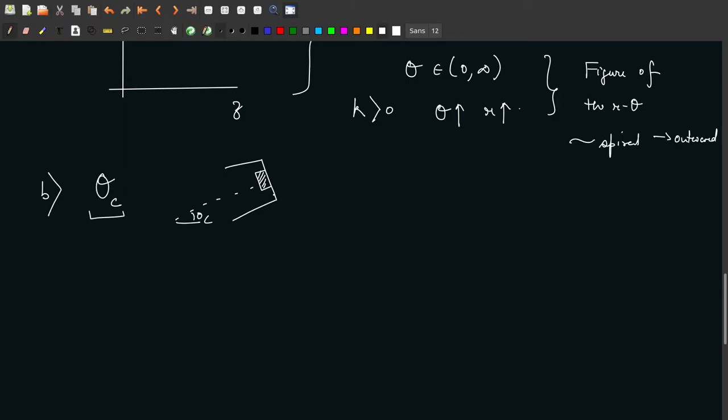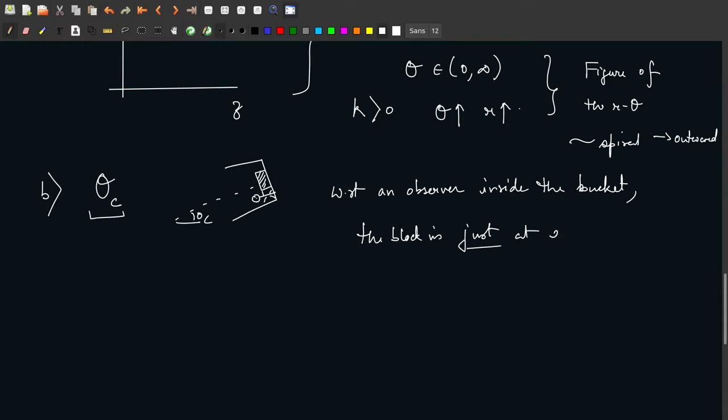That means with respect to an observer standing in this bucket, co-rotating or co-moving along with the bucket, he sees the block to be at equilibrium. That is, with respect to an observer inside the bucket, the block is just at equilibrium, and you're required to find the critical angle theta c at which the block is just about to slide inside the bucket.